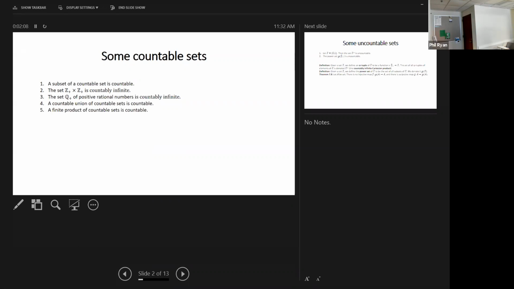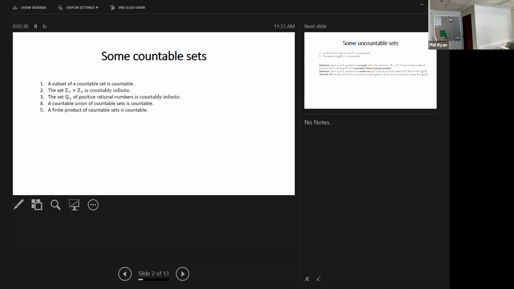And if you've got an injective function, that implies that the range is bigger than the domain, because you've got a bijection to a part of the set that you're going into.